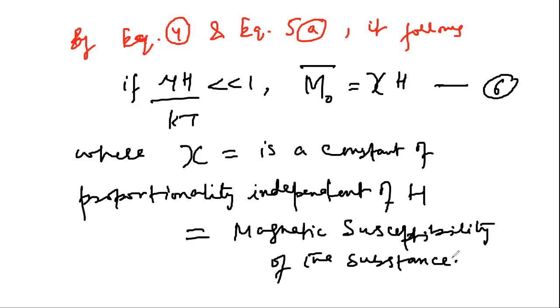Let me first check it. 4 and 5a follow: if mu h by kT is much less than 1, this magnetization is proportional to h. Constant of proportionality is called the magnetic susceptibility. Let me encircle this equation. You will check every piece of the lecture yourself.